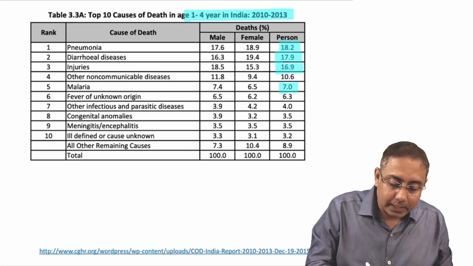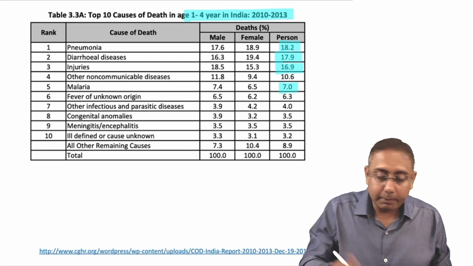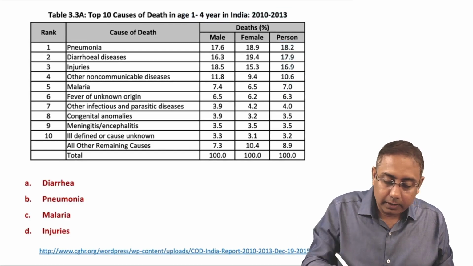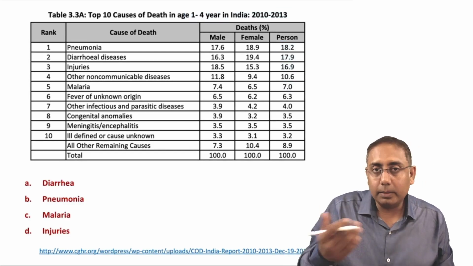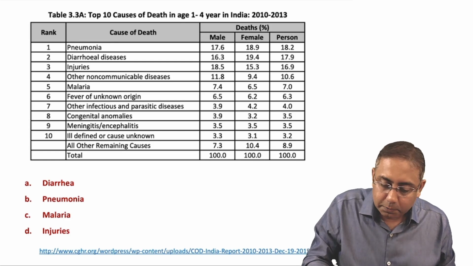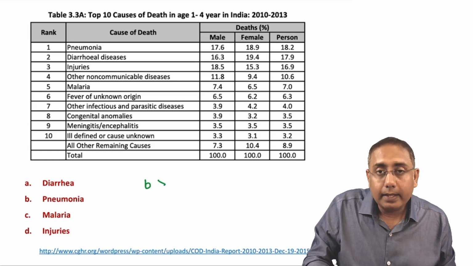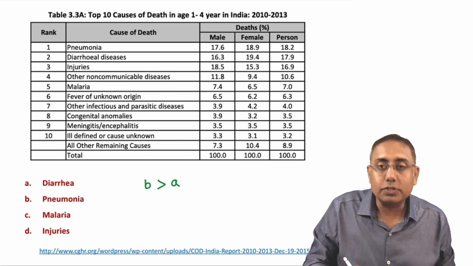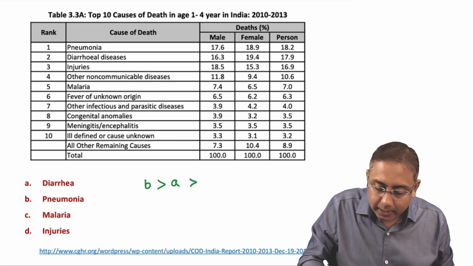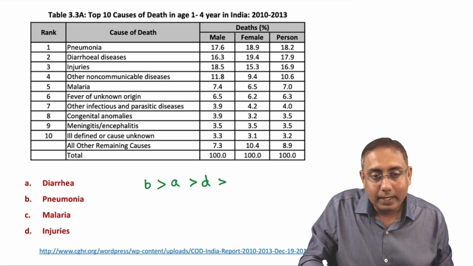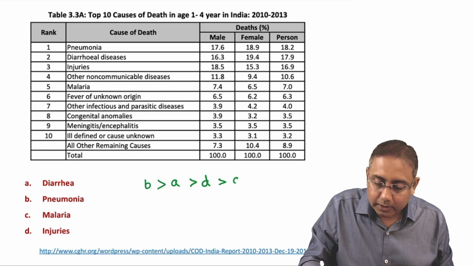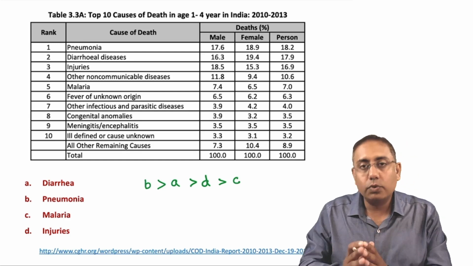So what is your best answer? In case this was the question, you were supposed to put them in order. So you had pneumonia, option B, then diarrhea, option A, then injuries, option D, and then malaria, option C. So this was your data.